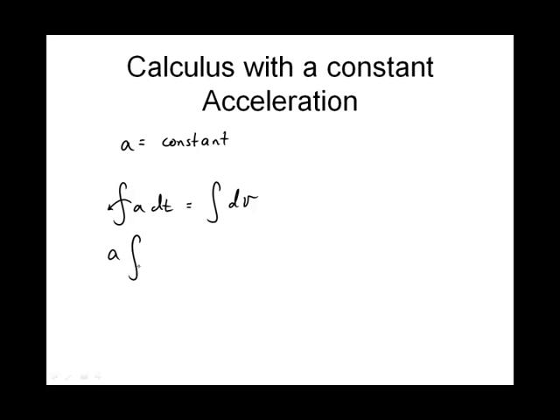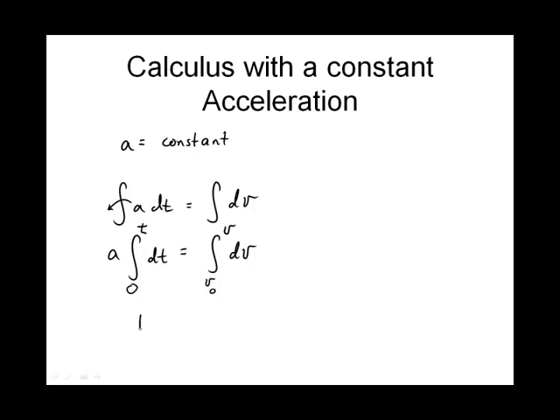So I get a times the integral of dt equals the integral of dv. Well, let's integrate dt from an initial time I'll call 0 to a later time I'll call t. dv I'm going to integrate from some initial time, but my velocity at the initial time of 0 is v0. And then I'm going to have some later velocity v.